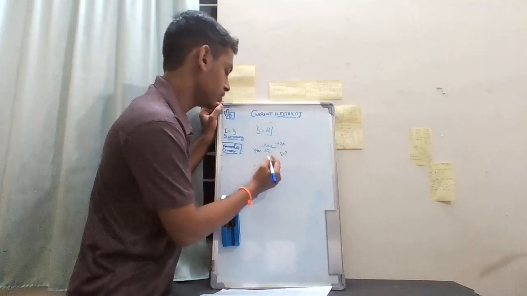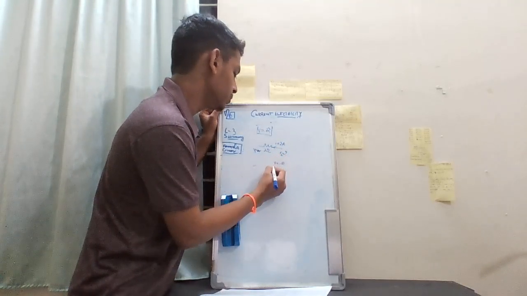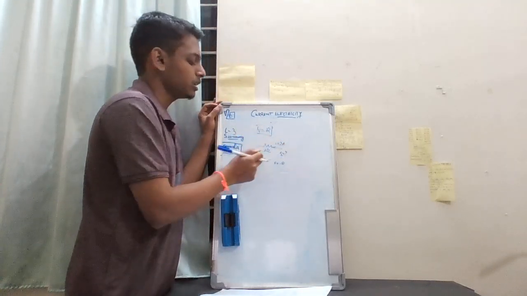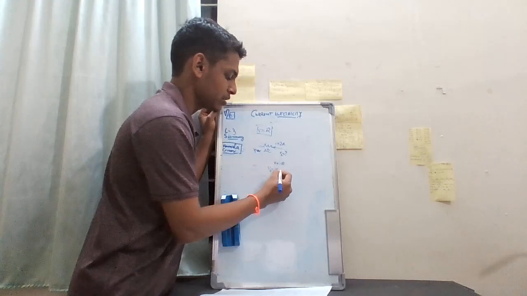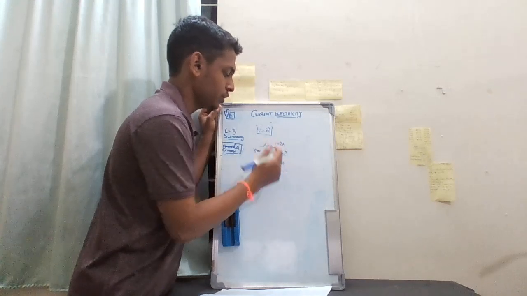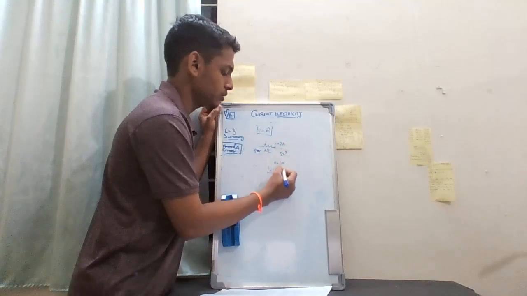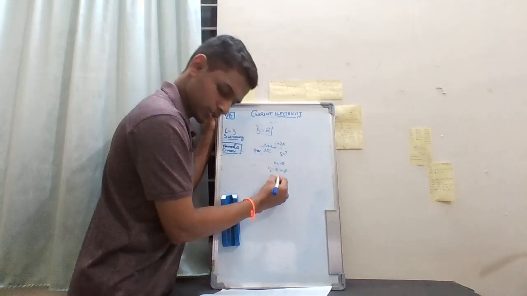So here we know that V equals IR, so we need V2. This is higher to lower, so this one is higher, this is lower. V2 minus 10, we already know resistance into this is 6, so V2 is equal to 16.